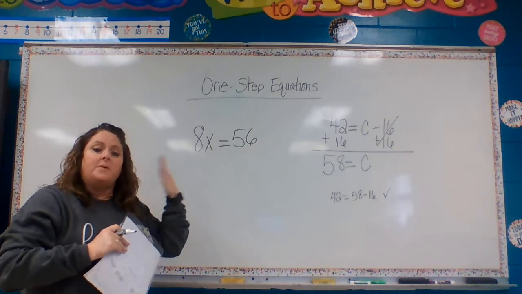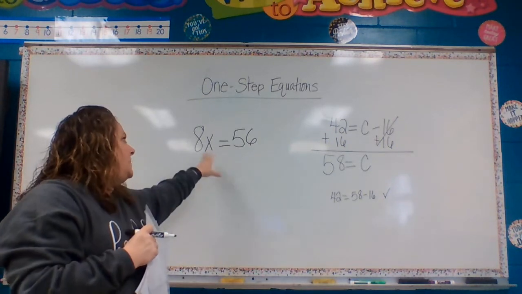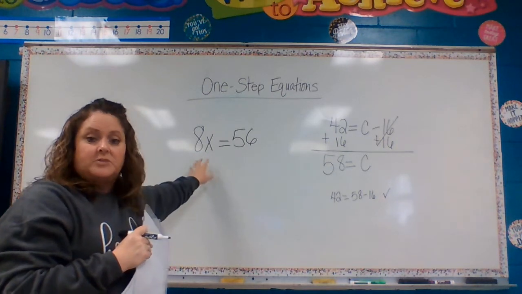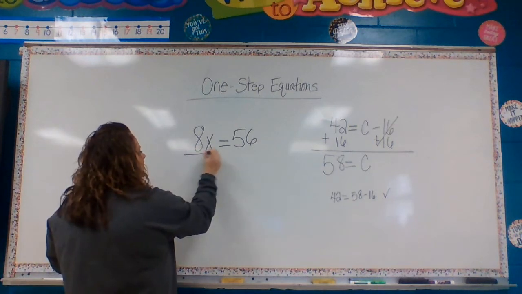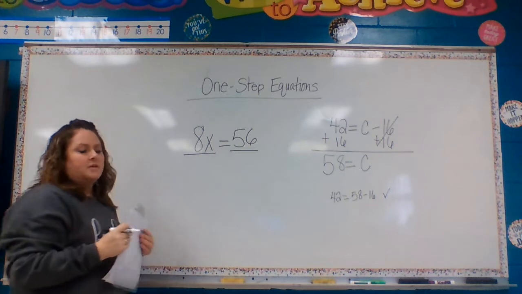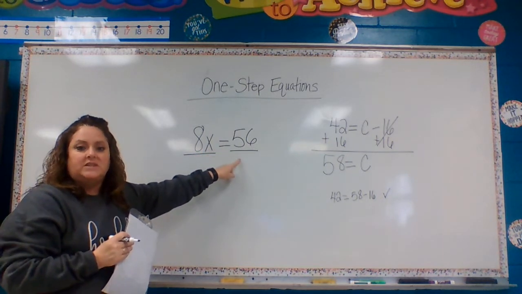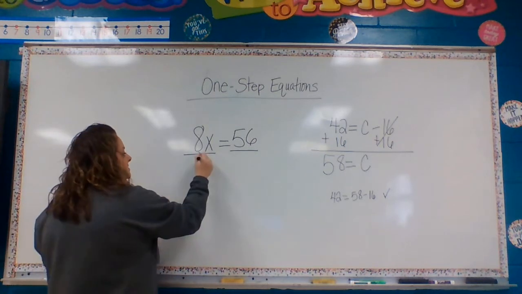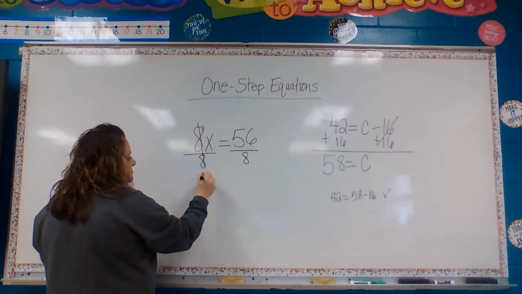So the inverse operation of multiplication is division. So we have to do the opposite of multiplication to solve this problem. So the opposite is division. We want to divide both sides by the same number. We're multiplying 8 times a number equals 56. So we're going to divide both sides by 8. 8 divided by 8 leaves me with just x.